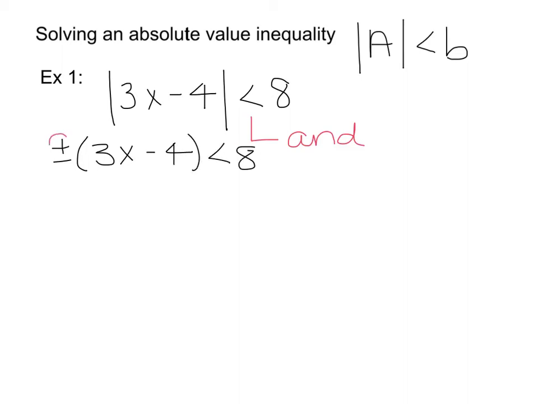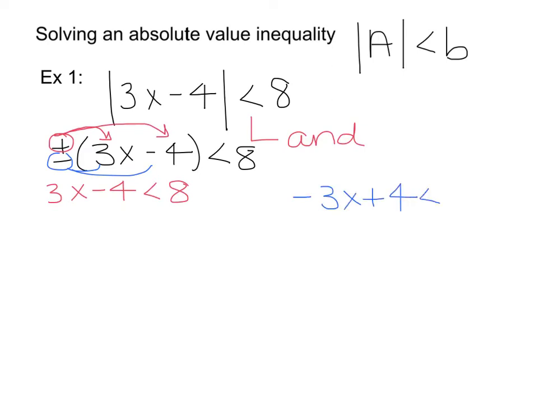Remember, when you distribute your positive 1, it's not going to change anything. So I have 3x minus 4 is less than 8. Now when I distribute my negative, remember it's going to change both signs. So it makes it minus 3x plus 4 is less than 8.